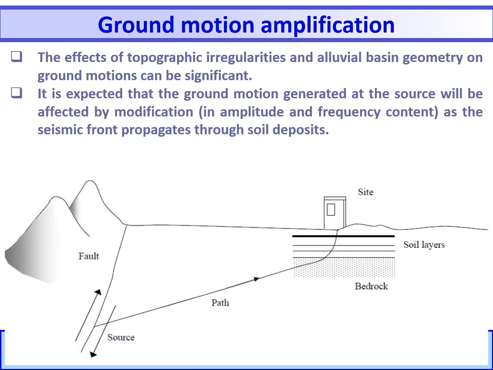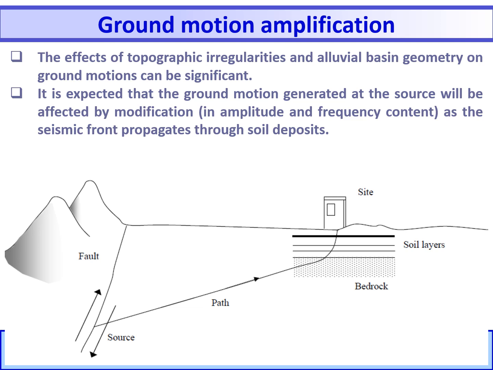In many earthquakes, the degree of damage to structures situated on soils has been reported as worse than that occurring on adjacent bedrock sites. And this is attributed to the fact that the ground motion generated at the source will be affected by modification in amplitude and frequency content as the seismic front propagates through soil deposits.